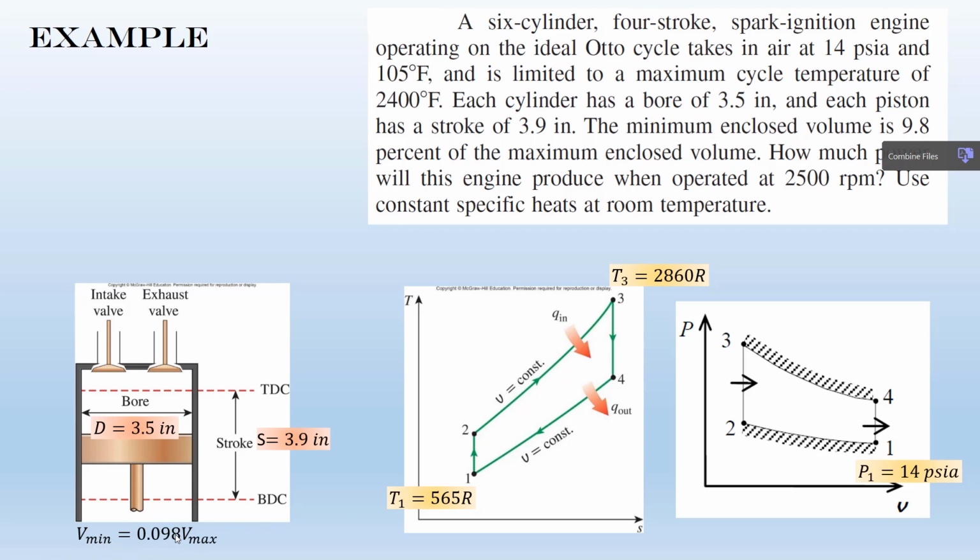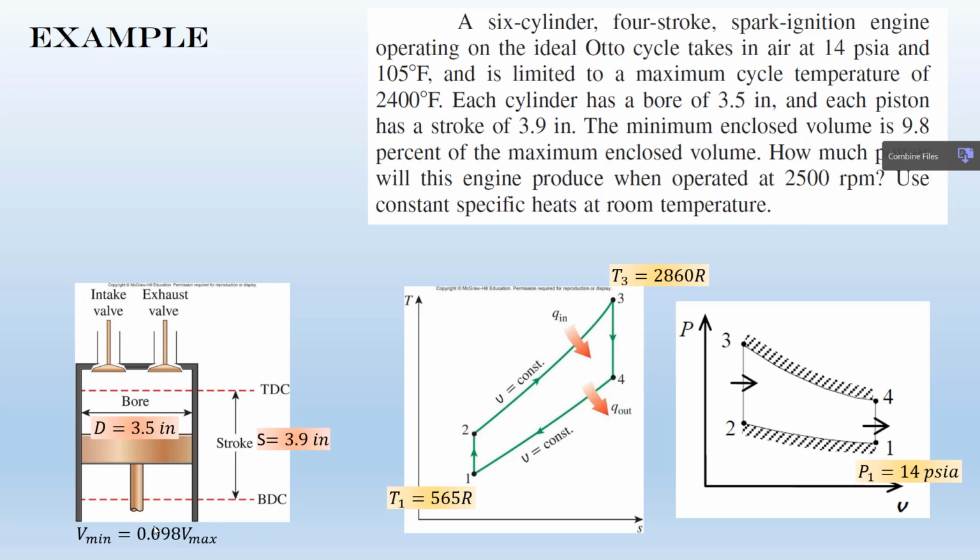So you are asked to find the power, W dot, and we have the RPM at 2500, and you are asked to use the constant specific heat at room temperature. Look, guys, we have this relationship between V min and V max. If you use the definition of r, you can find r, the compression ratio.